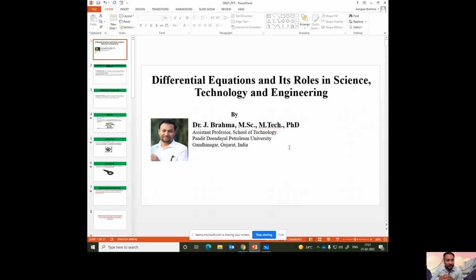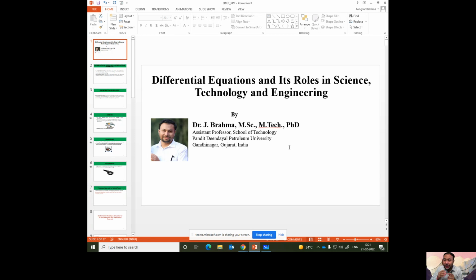The fluids may be oil, gas, and water. To represent the fluid flow through the porous media, I need differential equations, right?